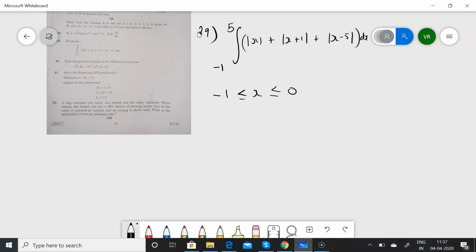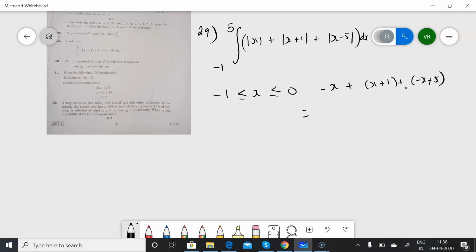So in this interval, the function now becomes minus x plus 1 plus minus x plus 5 minus x minus 5. Minus of minus x minus, minus of x minus 5, which is now going to be minus x plus 5.